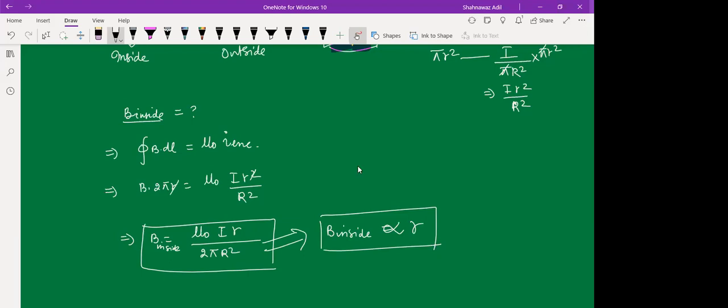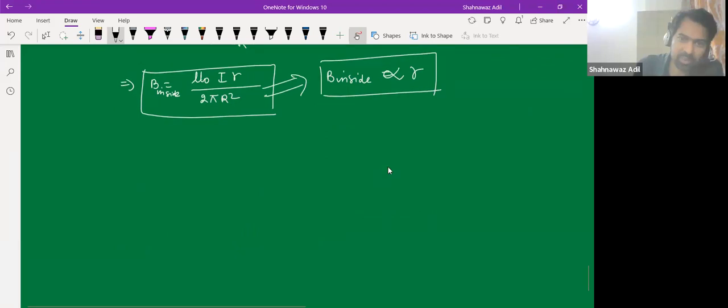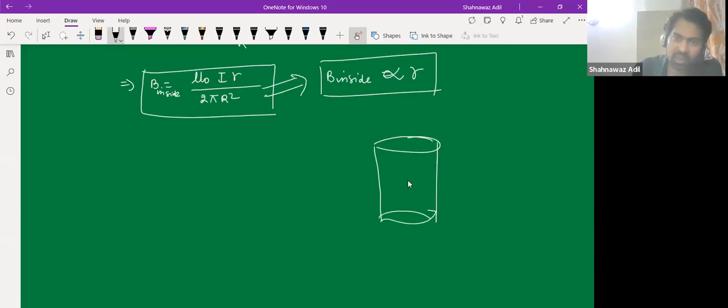And B outside. Let's say this is the thick wire, and we want to calculate the magnetic field at this point, at some distance r. So we make the Amperian loop here.